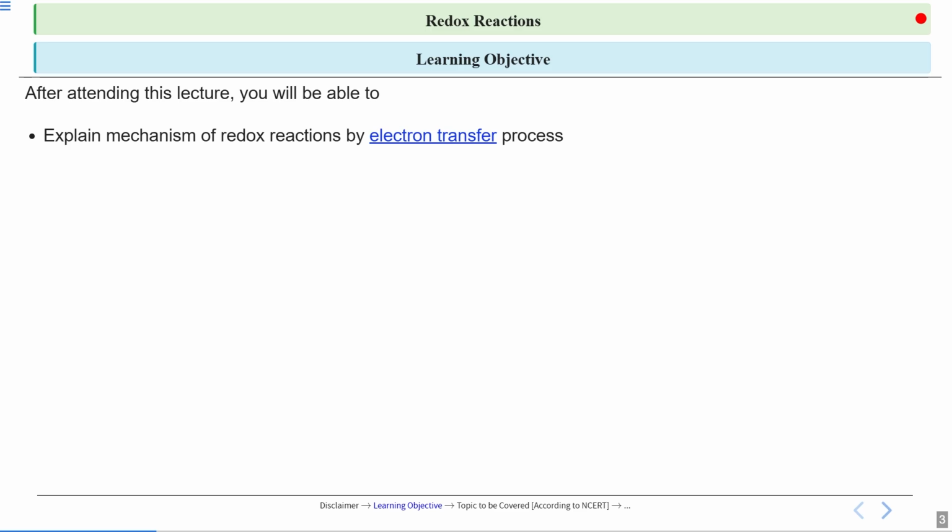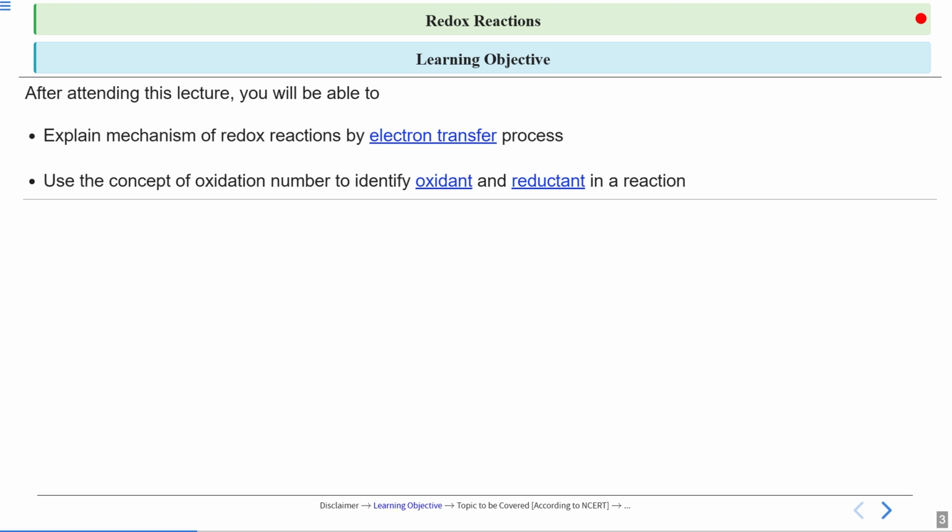What does this mean? This means that we will be studying the electron transfer in a chemical reaction in a detailed manner. That how the electrons are being lost or gained by the chemical species, and then how does this particular lead to the redox reactions.